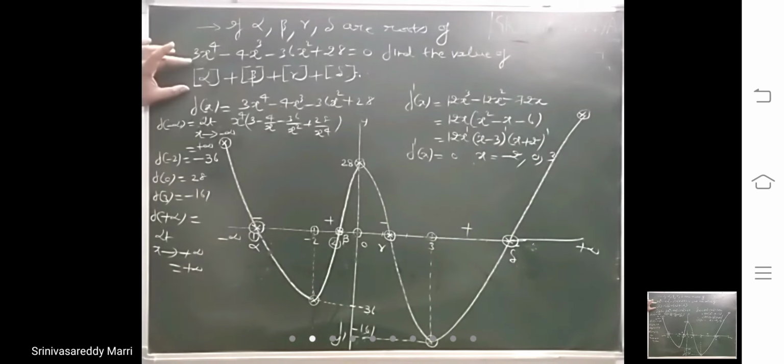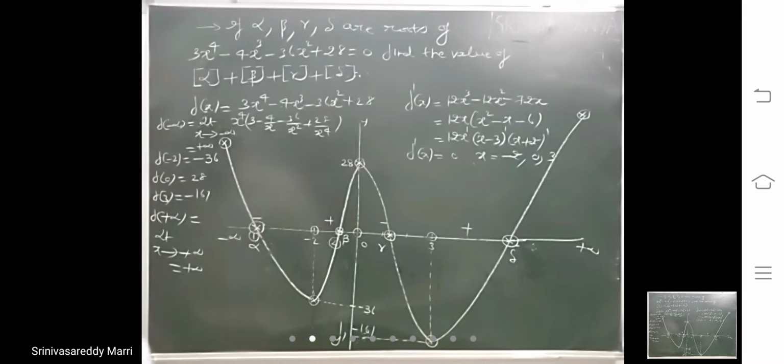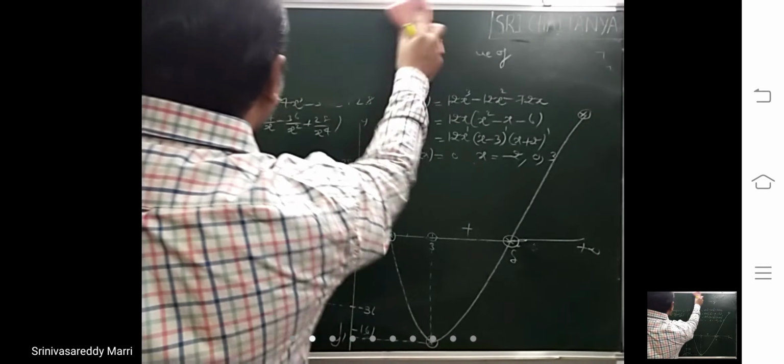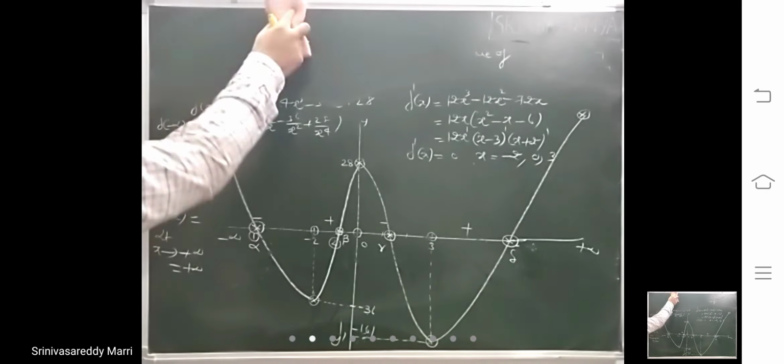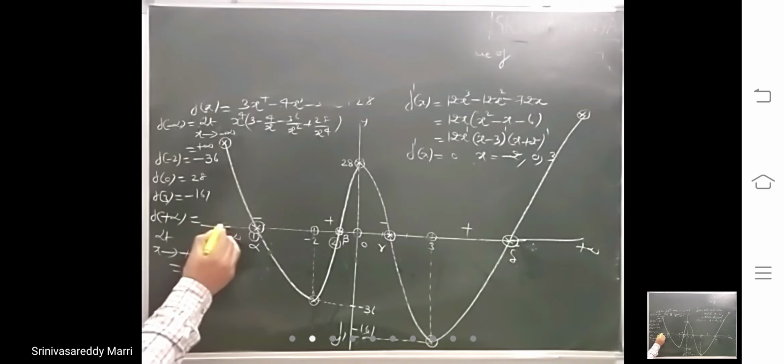Now he is asking step of alpha plus step of beta plus step of gamma plus step of delta. How to do that? Look.